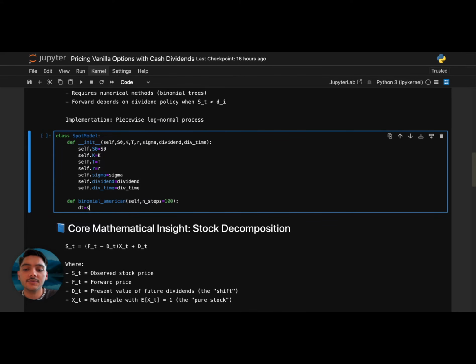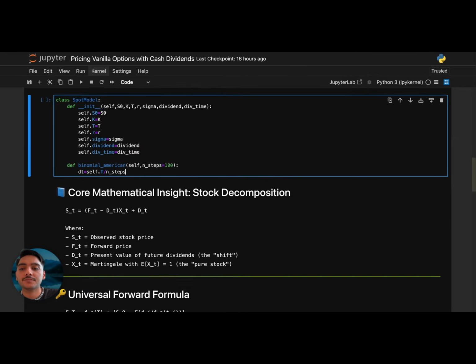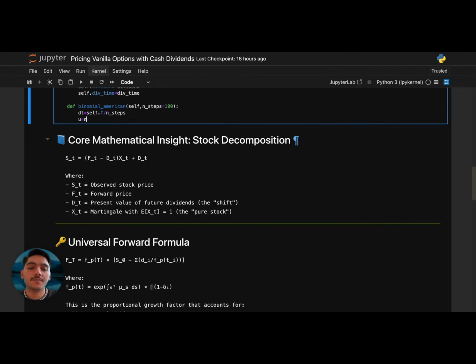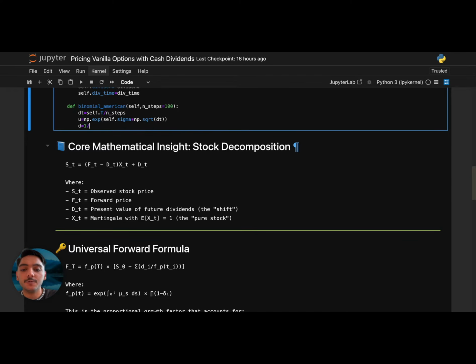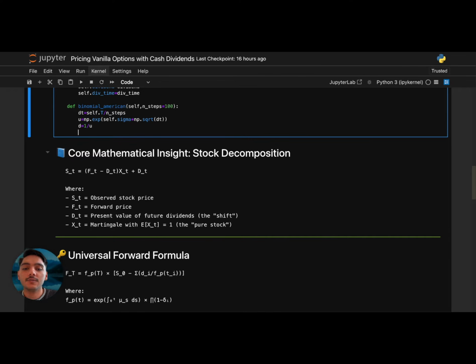So dt is equal to self.T upon n_steps, and u is equal to np.exp(self.sigma times np.sqrt(dt)), where d will be equal to 1 upon u, and p will be equal to (np.exp(self.r times dt) minus d) divided by (u minus d).